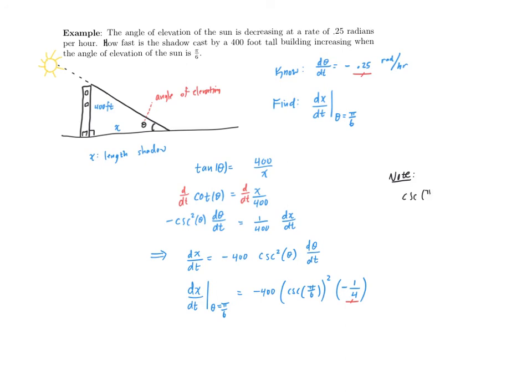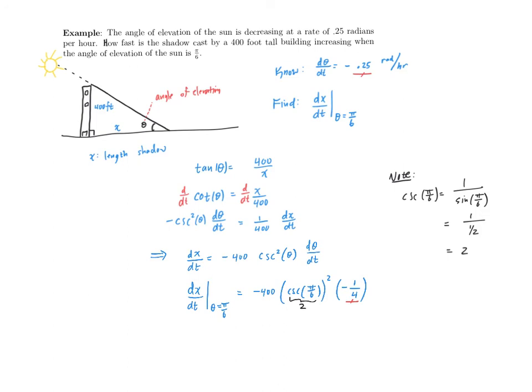Cosecant of pi over 6 is 1 over sine of pi over 6. And just take a moment and write in there for me, what is sine of pi over 6? It's 1/2. 1 over 1/2 is 2. So cosecant of pi over 6 is 2.